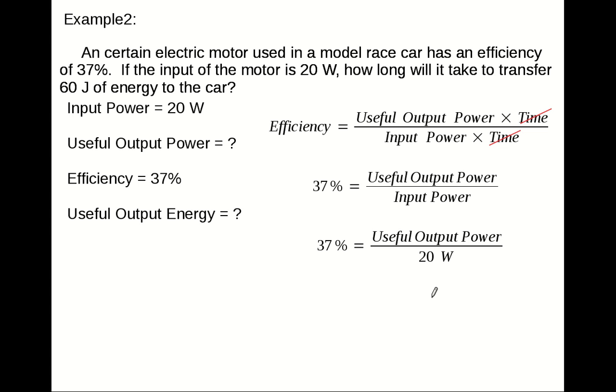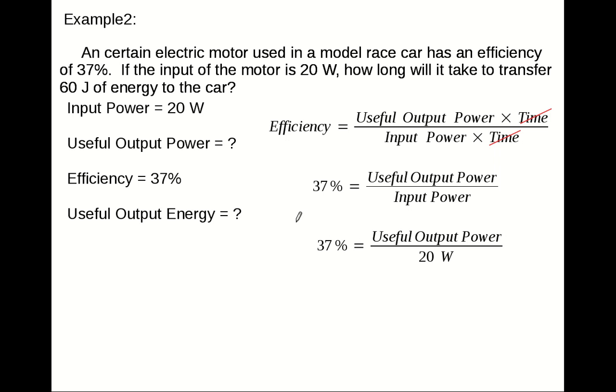So we'll look at our efficiency equation, but we know that energy equals power times time. So instead of writing useful output energy, I've written useful output power times time, and then input power times time. But we see here we can just divide both the numerator and denominator by time, and so really we can just use power in our efficiency equation instead of energy.